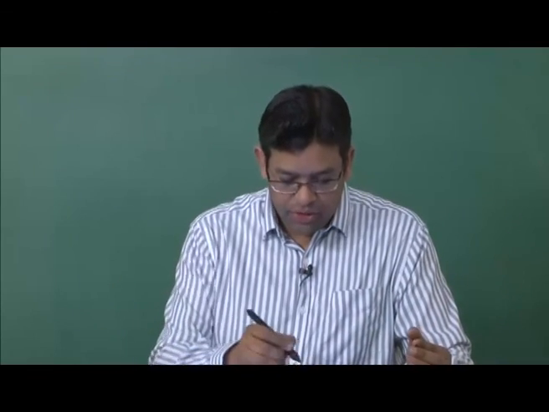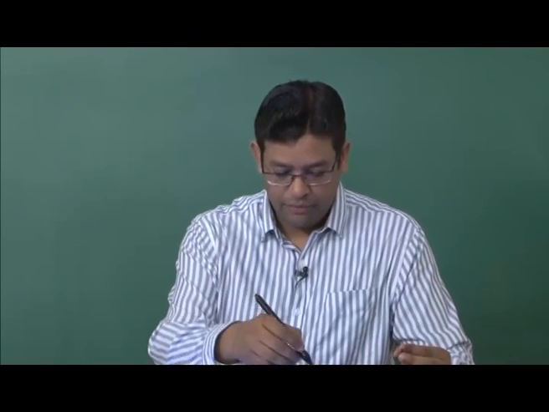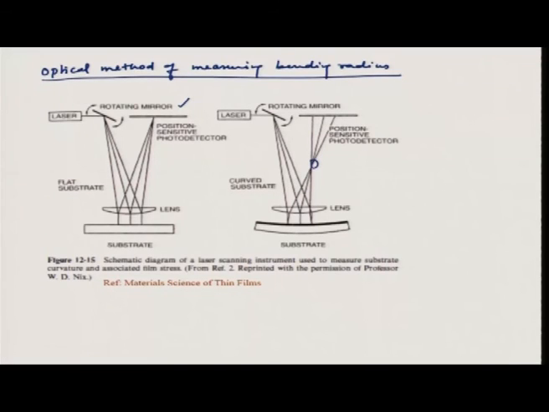So you focus a laser using a lens and then you mark its position. If it is perfectly flat, you will find one fixed position, which will be the same as this laser, and by rotating this mirror you can scan the surface of the substrate.